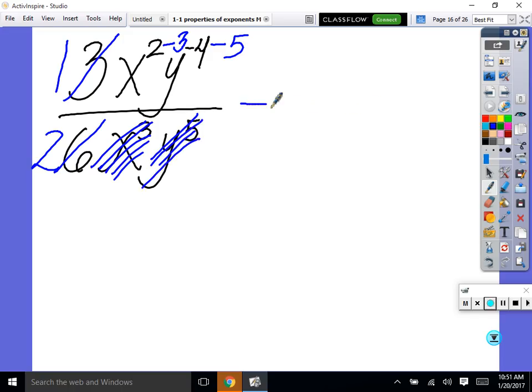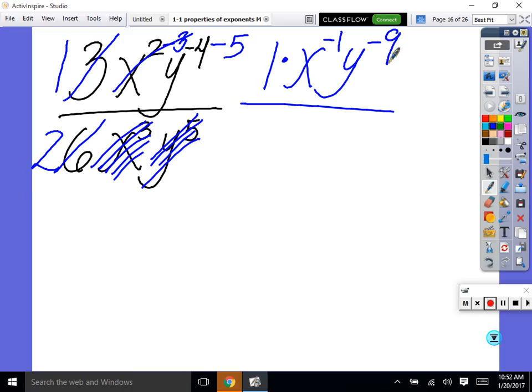Let's write what we have left on top. We have our 1 times x to the 2 minus 3, which is -1, right? -4 minus 5 is -9. And on the bottom we have a 2.